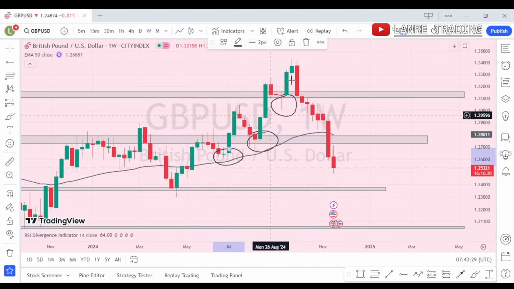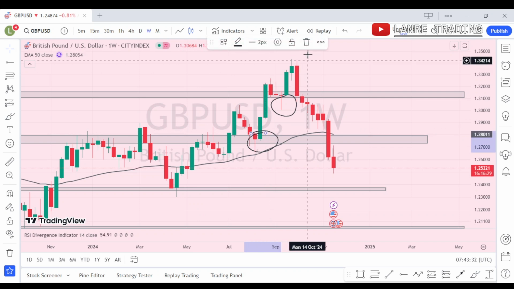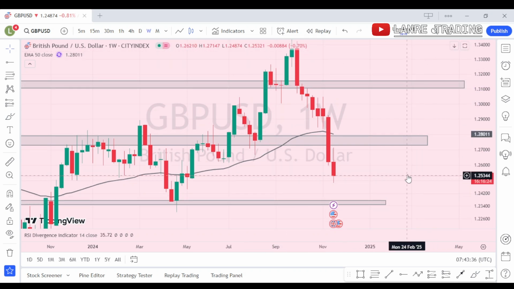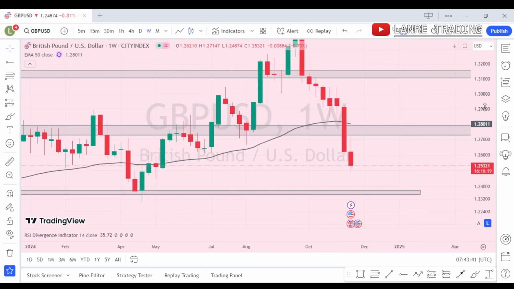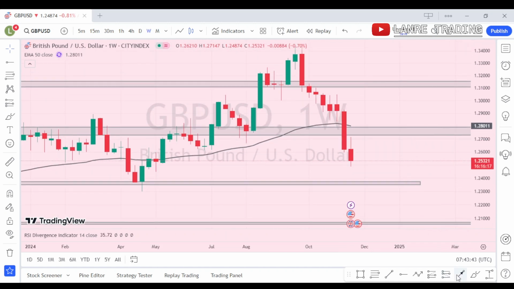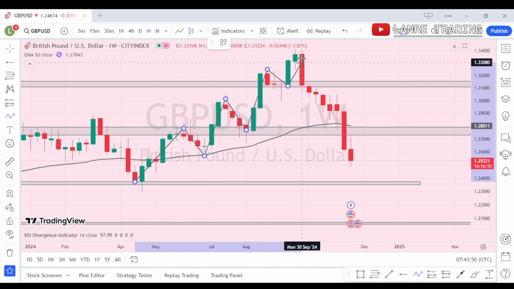The higher lows are meant to tell us when there is a change in trend. Looking at this bullish trend, the market structure is a series of higher low, higher high, higher low, higher high.